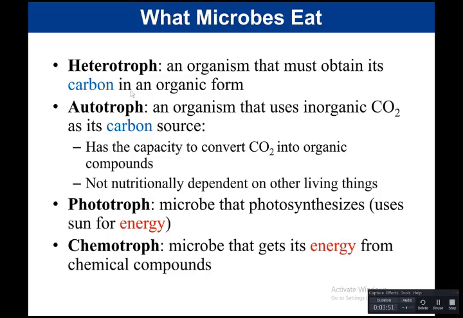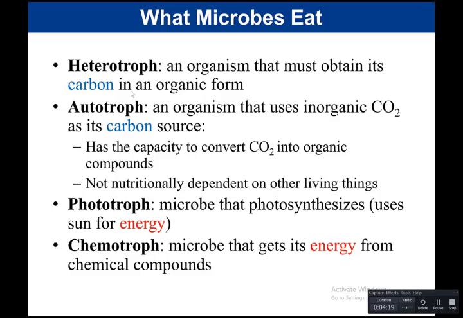An autotroph, auto, self, troph, feeder. An autotroph is an organism that uses inorganic carbon dioxide as its carbon source. Notice it's inorganic because it does contain carbon, but it doesn't contain carbon and hydrogen. And so autotrophs take in inorganic carbon dioxide as its carbon source.